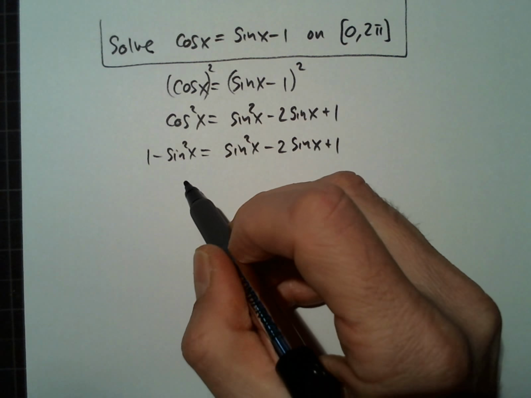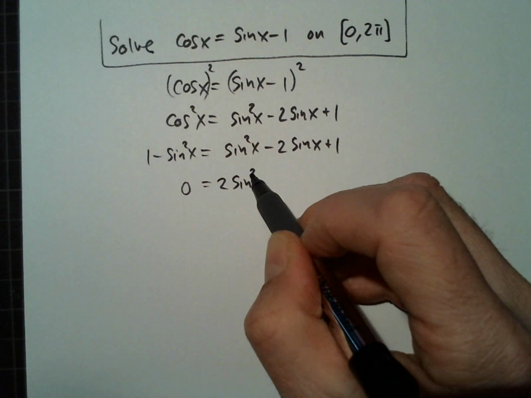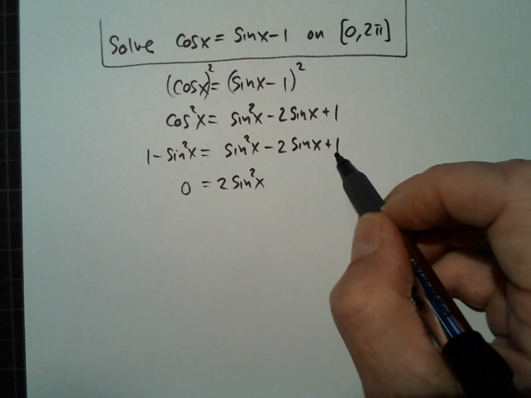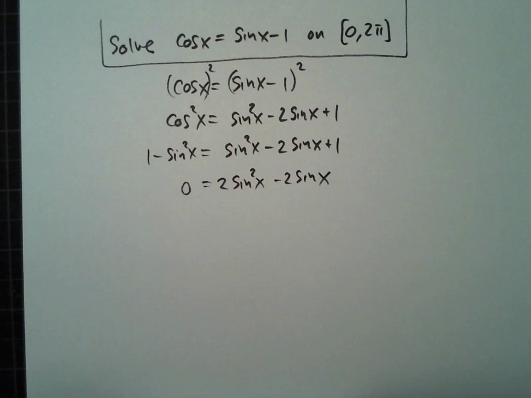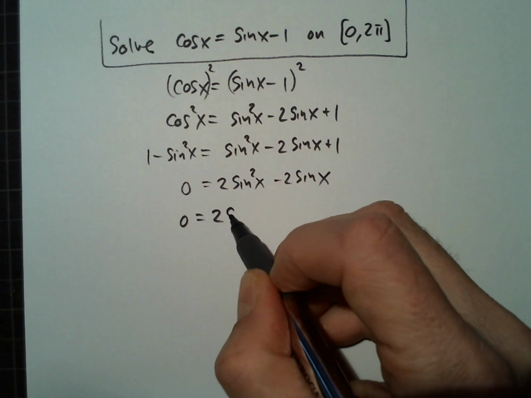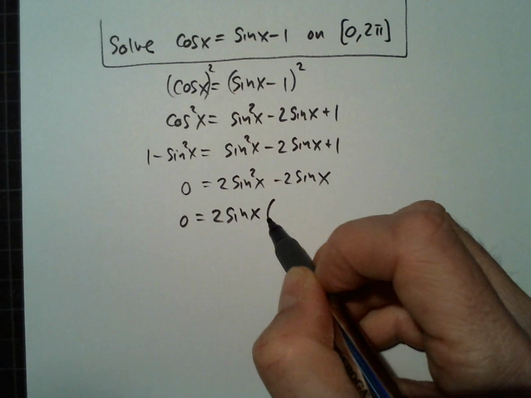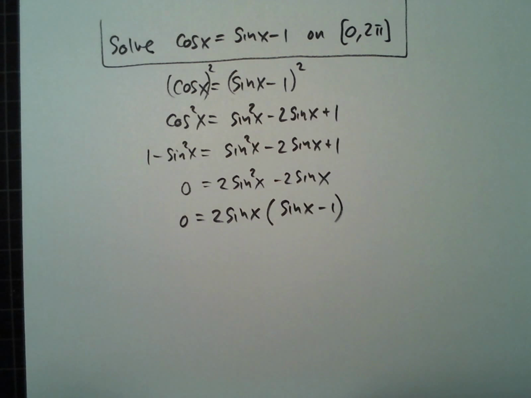Add sine. Add sine. We're going to get 2 sine squared. I'm going to subtract 1, so that's gone. Take out 2 sine x. We're left with sine x minus 1.